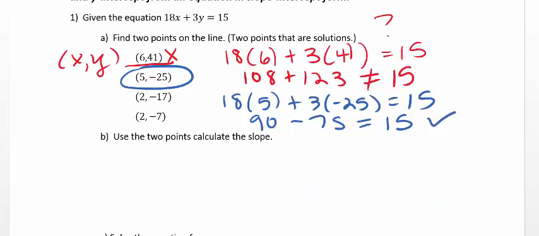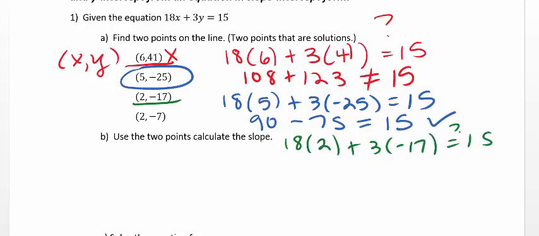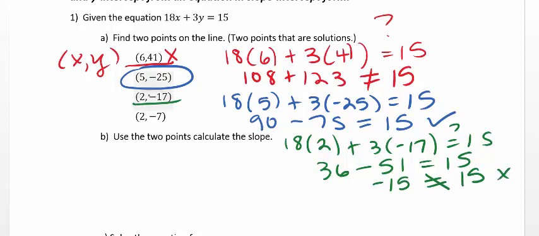Now we're going to check 2, negative 17, and we're going to do 18 times 2 plus 3 times negative 17 and see if that equals 15. 18 times 2 is 36, and then 3 times negative 17 is negative 51, and 36 minus 51 is negative 15, and that does not equal positive 15, so it is not this one.